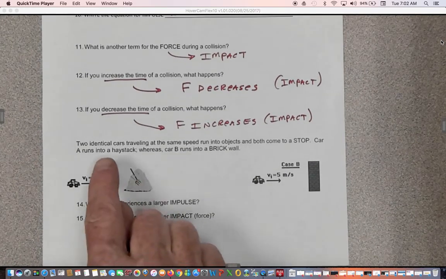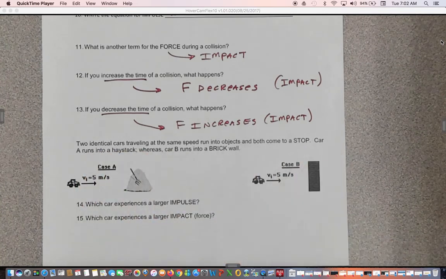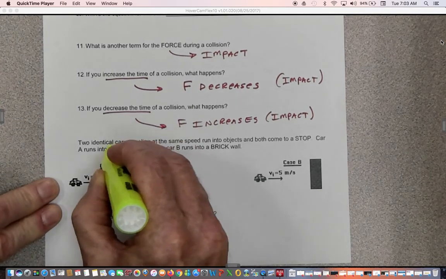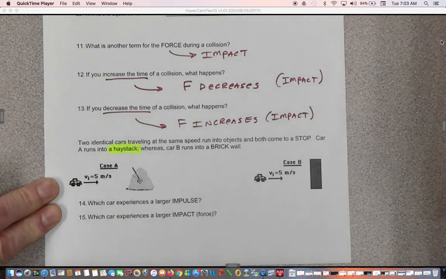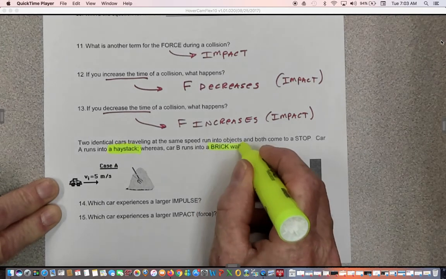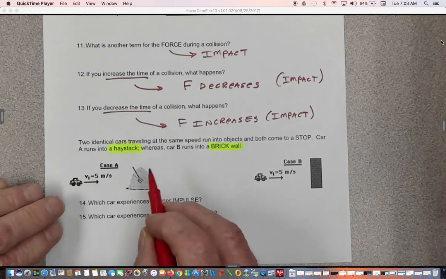Take your time and read this statement to yourself. I'll give you a minute or two. So, what's car A going to run into? A haystack. What's car B going to run into? A brick wall. Here's the rule. Haystacks are soft.